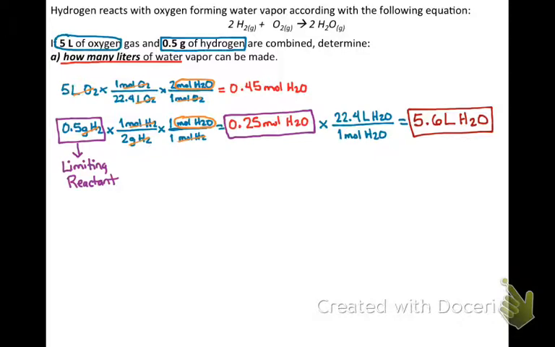But we will calculate this in part B of this problem.